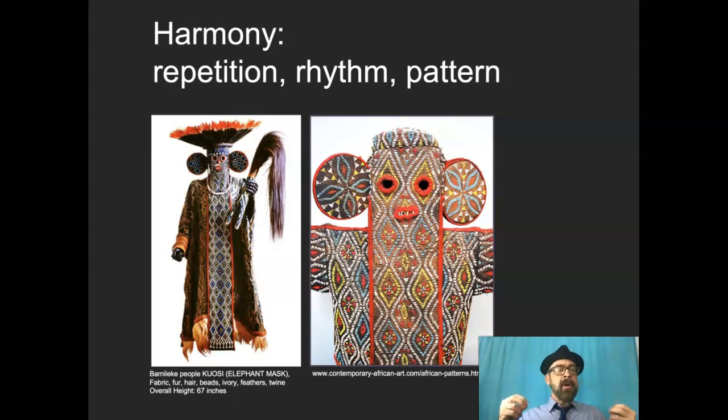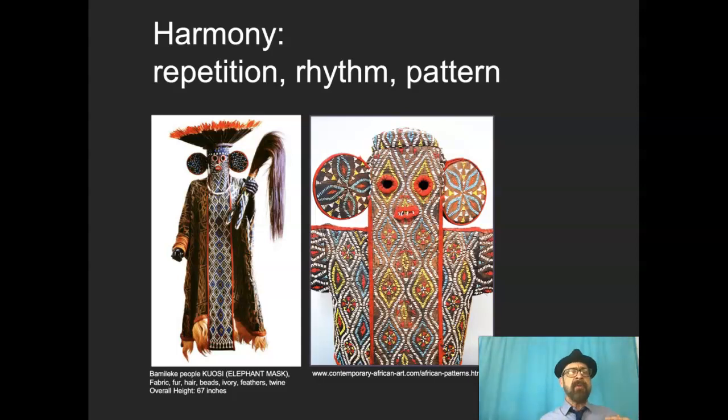Now, oftentimes harmony is achieved through repetition, rhythm, pattern, and so when you repeat things, you create a sense of harmony, right? Like the entire thing has a certain language that is understood throughout.